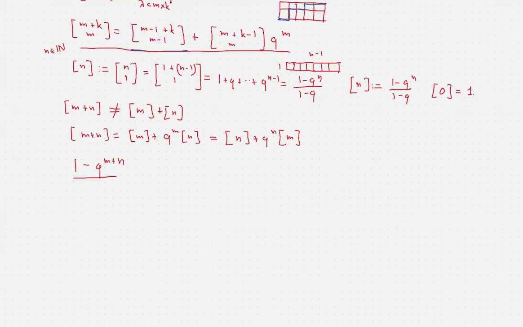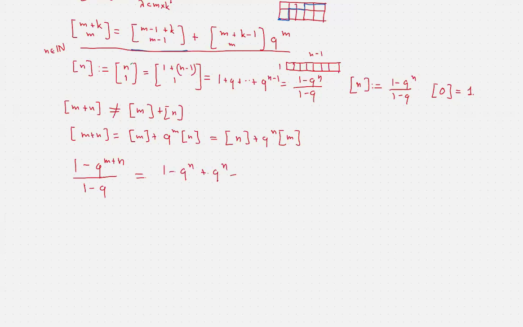And the trick here is that we can add and subtract either q to the m or q to the n. So this will be 1 minus q to the n plus q to the n minus q to the m plus n over 1 minus q.